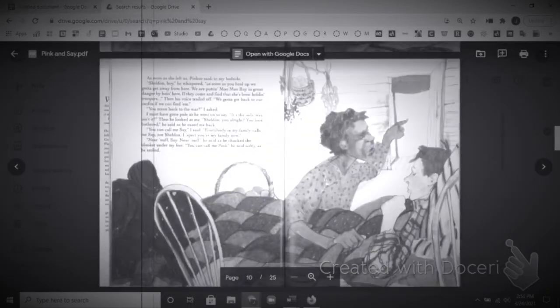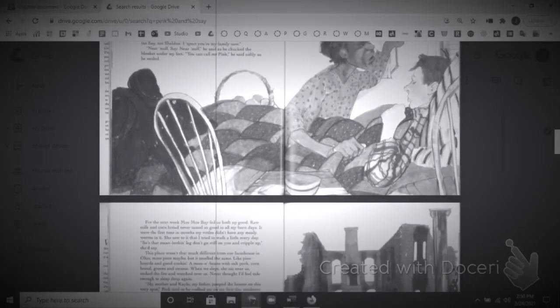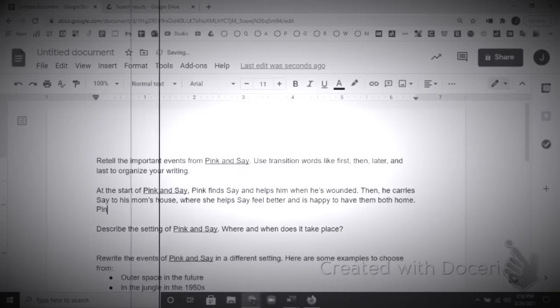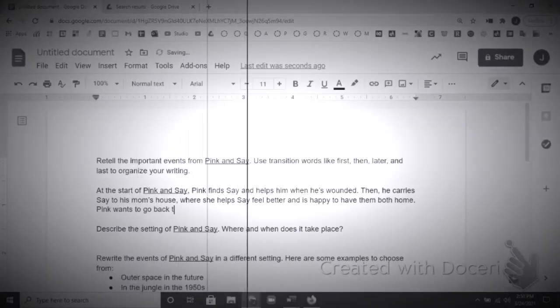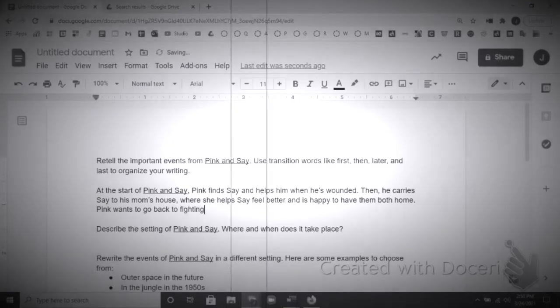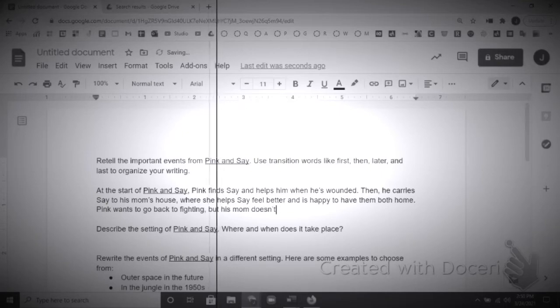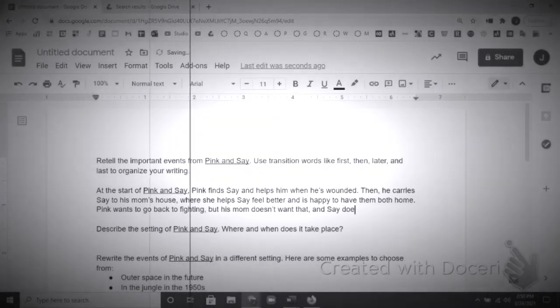Okay. Pink is right here. He wants to leave. Say, not so much. It's kind of right on their faces. Pink wants to go back to fighting, but his mom doesn't want that, and Say doesn't either.